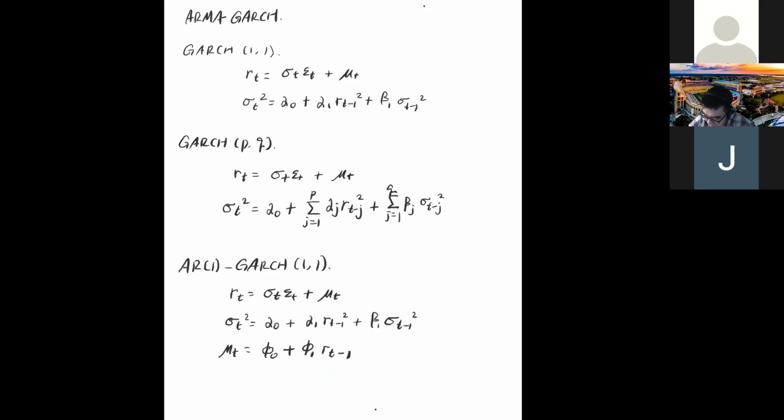And of course, you can have an ARMA(p,q). I think that's not very good notation, so let's use p hat, q hat for the ARMA part, and the GARCH model.